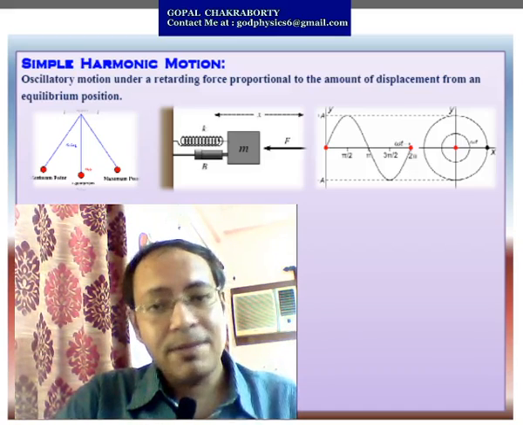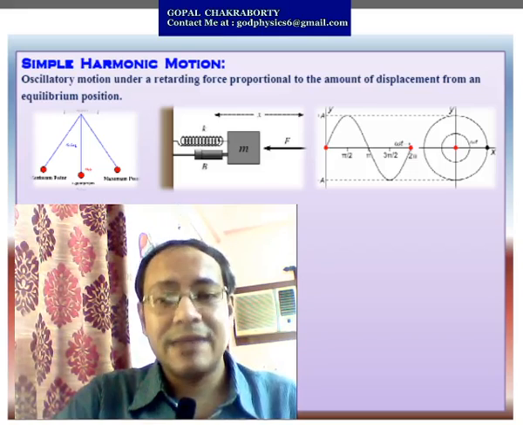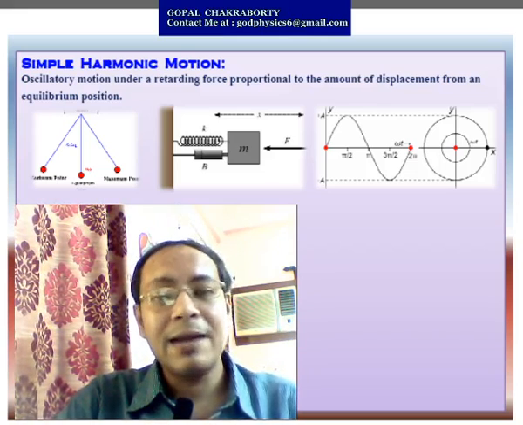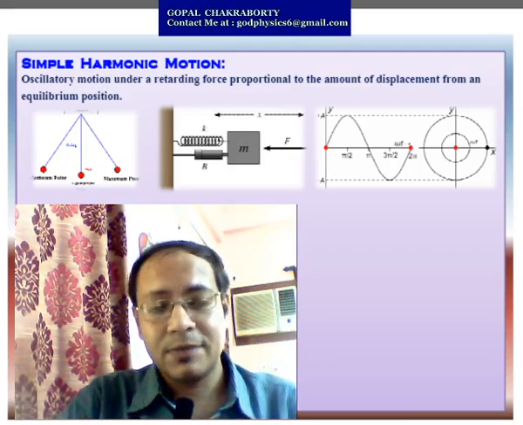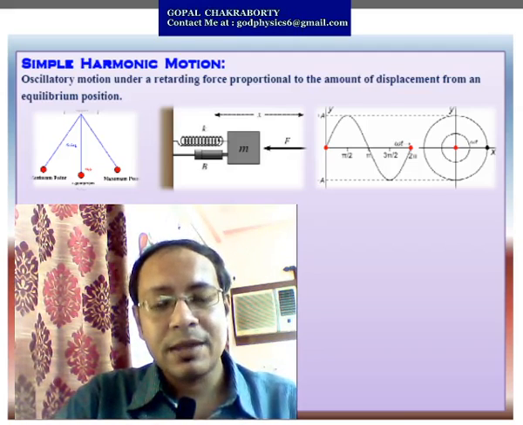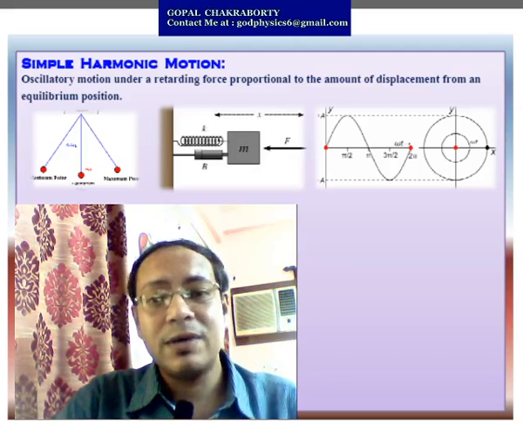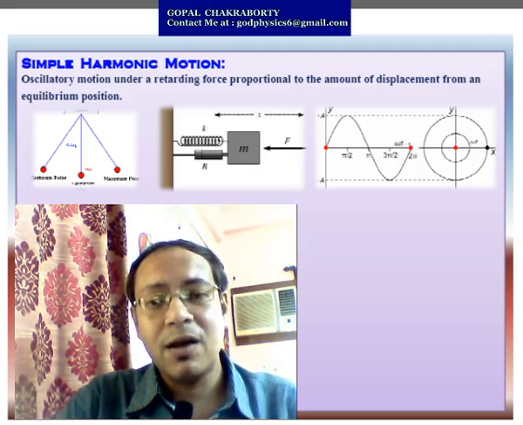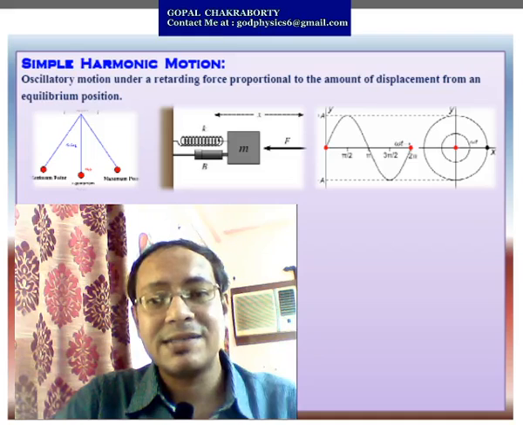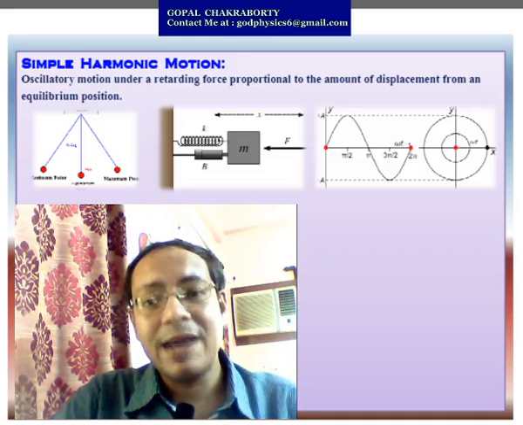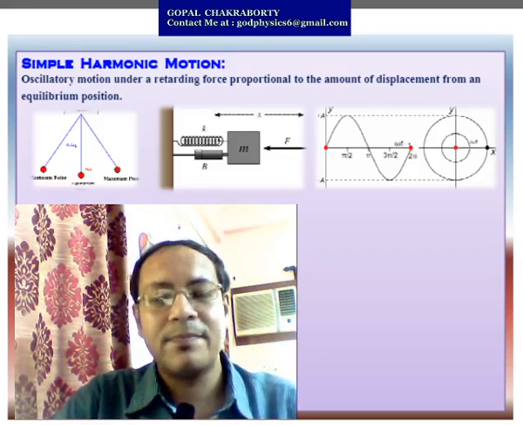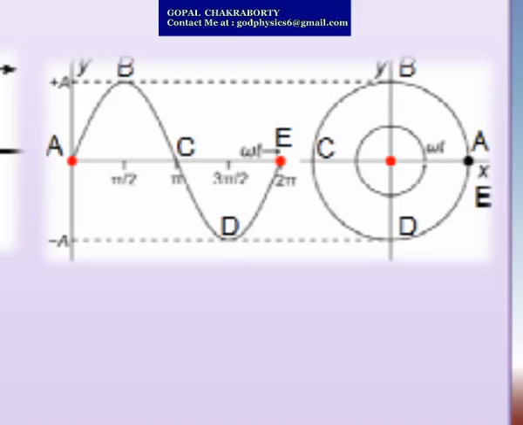The simplest examples are the simple pendulum and the mass-spring system. Now you have to understand how simple harmonic motion is a kind of oscillatory or periodic motion, and why its motion is considered sinusoidal, represented as a sine graph or cosine graph. You can see the diagram given here.